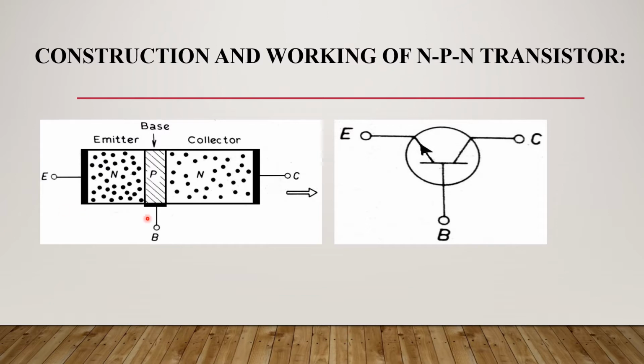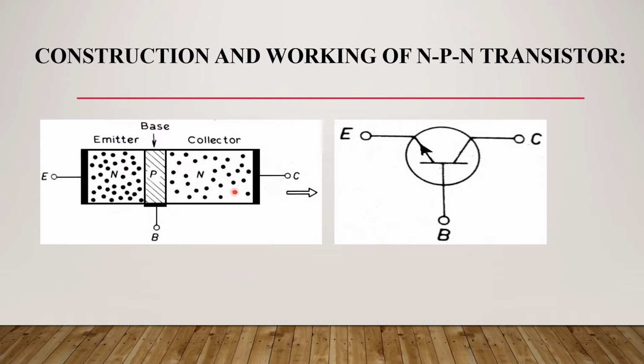From the figure itself, it is quite clear. We can see this is N-type semiconductor we have used. Here also we have used an N-type semiconductor, and in between the two N-types, a P-type is sandwiched. And this P is lightly doped, whereas this emitter is heavily doped.